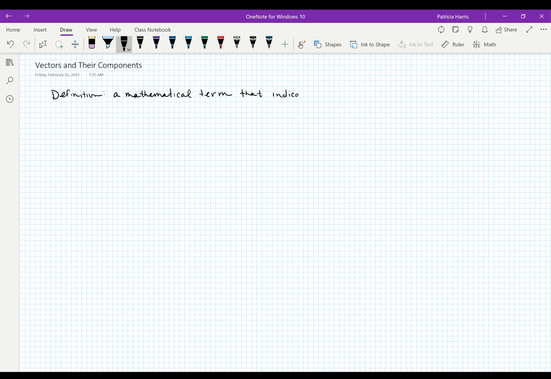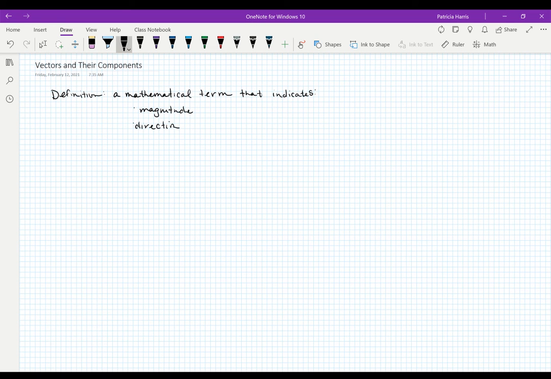So it indicates magnitude and direction. Okay, so the easiest way to think about magnitude, now lots of things are vectors.